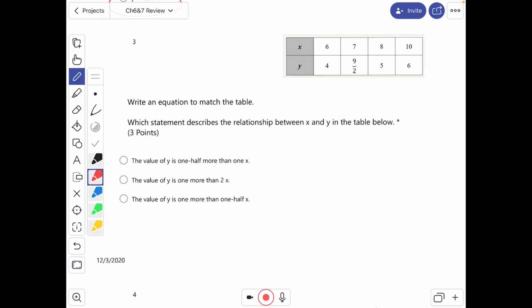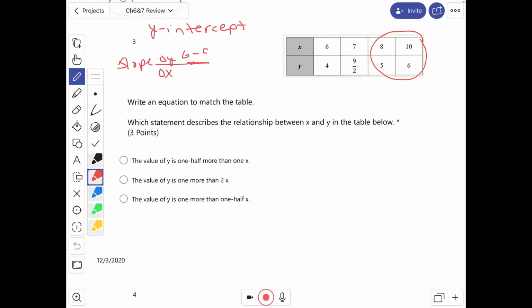Number 3, write an equation to match the table. Which statement describes a relationship between x and y in the table? So let's write an equation first, and then we can figure out which statement. So to write an equation, we need the y-intercept and the slope. I'm going to use the whole numbers to find my slope because nobody likes to subtract fractions.